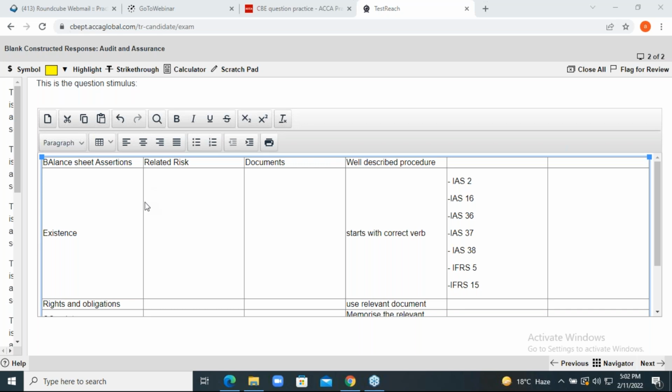Okay, so Ibrahim, your question was for which heads the examiner may ask to write procedures for specific assertions. He can ask any head, Ibrahim, I would suggest. Recently, they have asked for receivables, purchases, and payables.